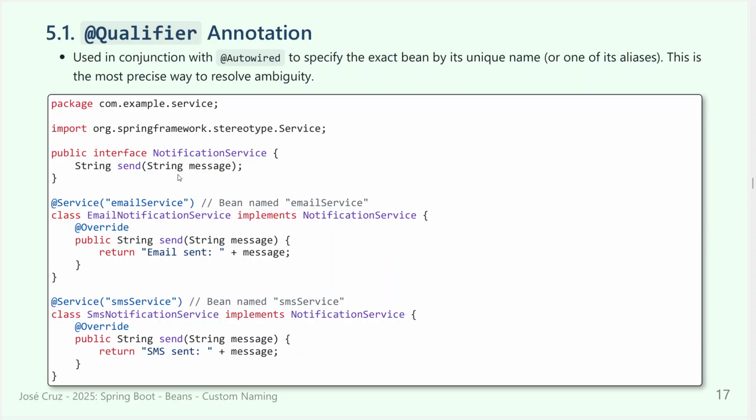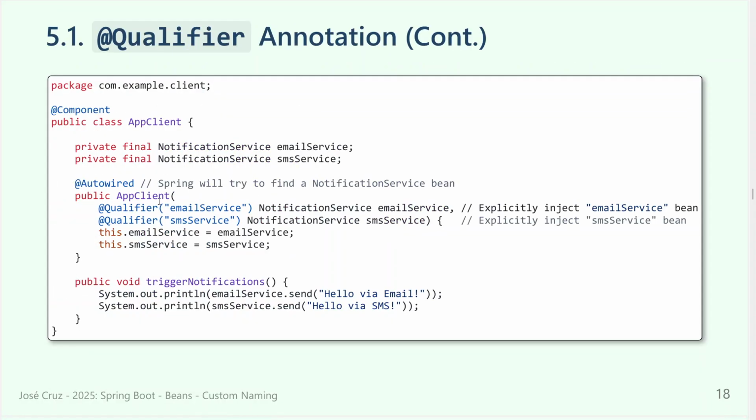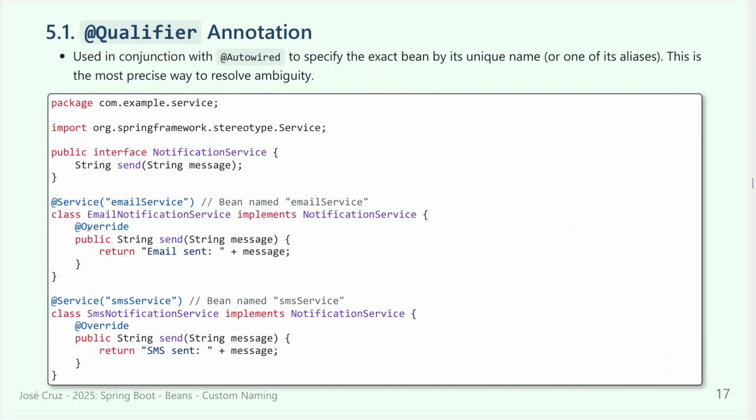For instance, in this example, we have this interface called NotificationService, and both these bins implement this NotificationService interface. When we try to inject and we use the interface here, you want to provide the different implementations, the email and the SMS one.